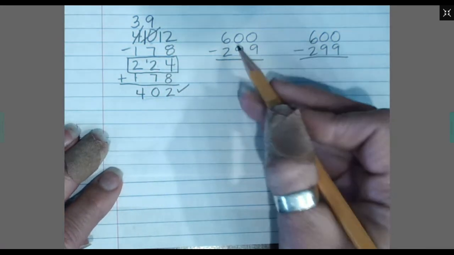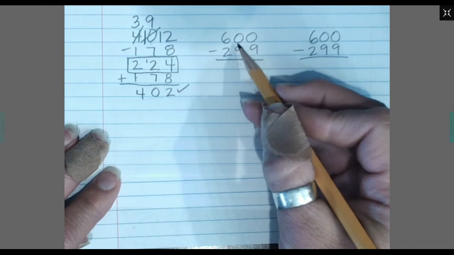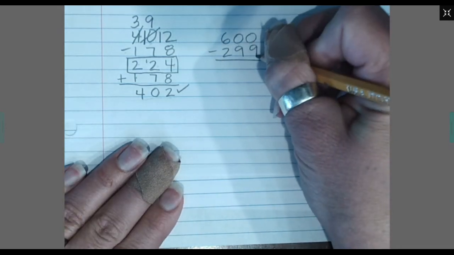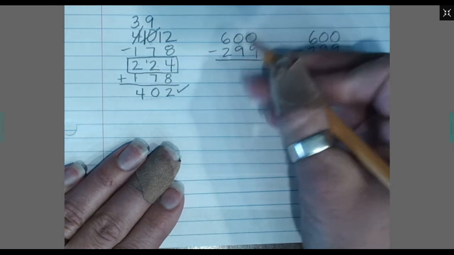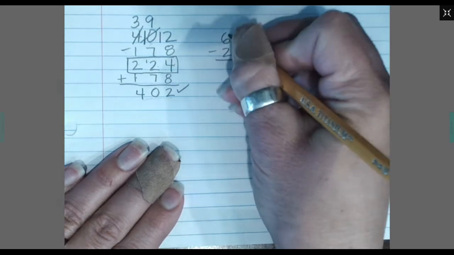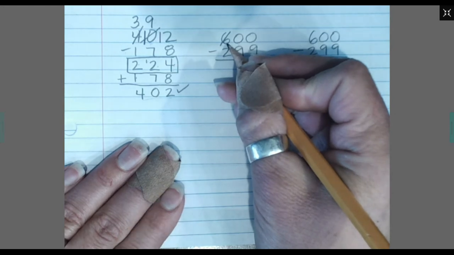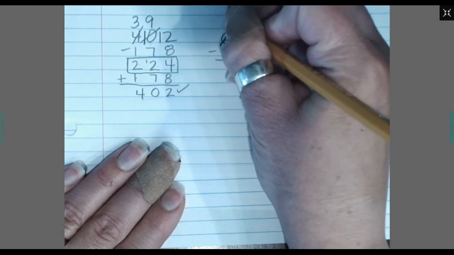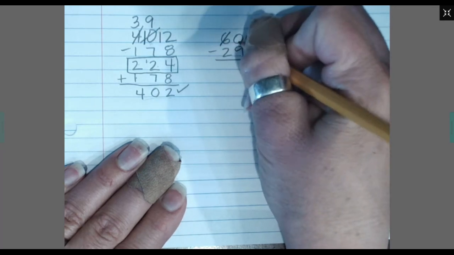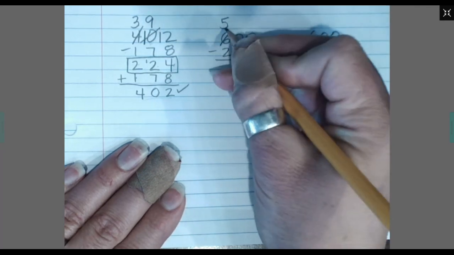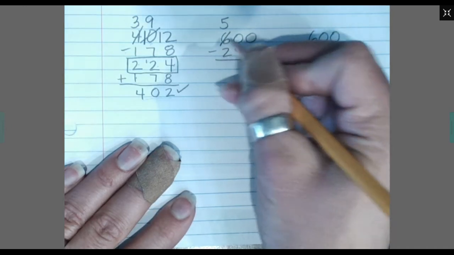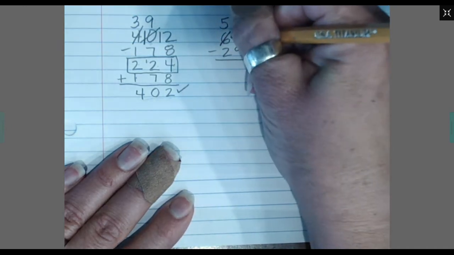Let's do another one. This time we have nothing in the tens or the ones place. Starting in my ones place, can't take 9 from 0, can't borrow from 0, got to go all the way over to my hundreds place. So one of these gets exchanged into tens. So now I have 5 hundreds, and my 1 hundred now becomes 10 tens.